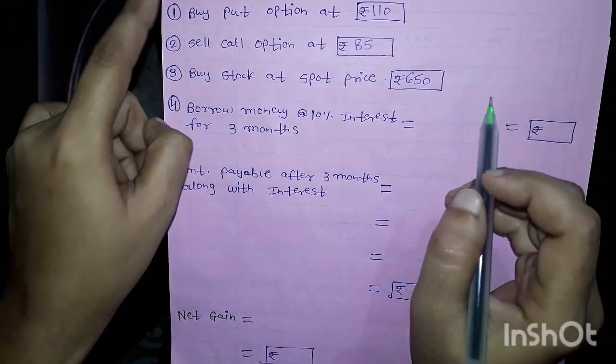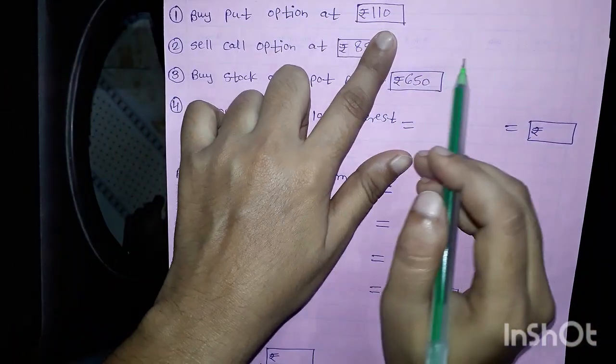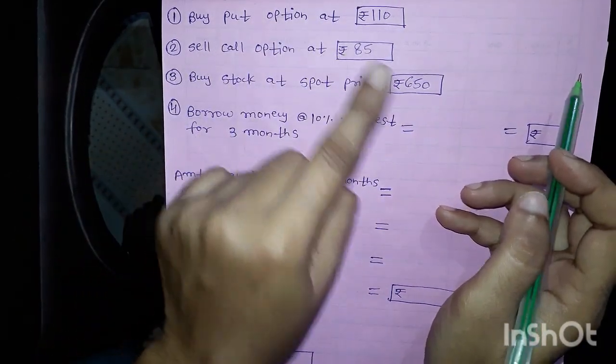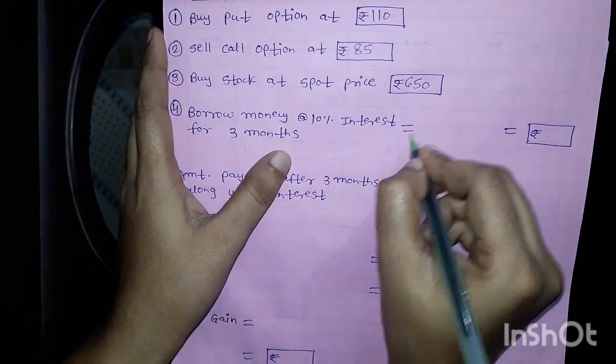So here we are buying a put option, buying the stock, and selling a call option. Here we require money.